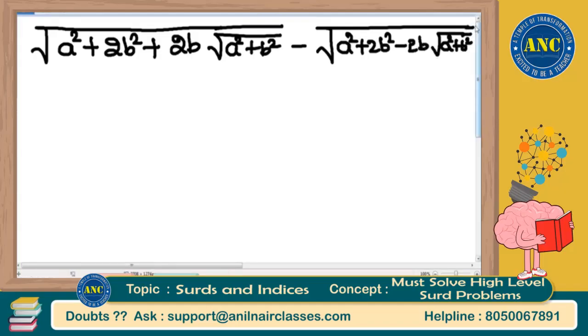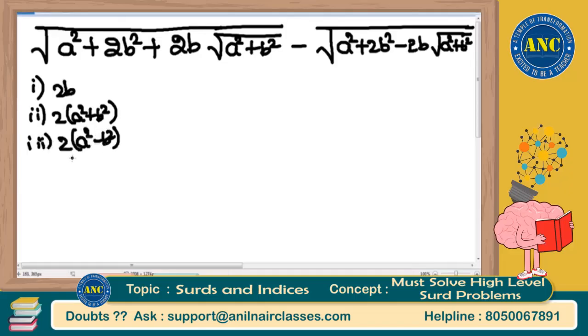This entire value I need to find. Your answer options are: first, 2b. Second, 2 times of a square plus b square. Third, 2 into a square minus b square. Fourth, 2 into a square plus b square.